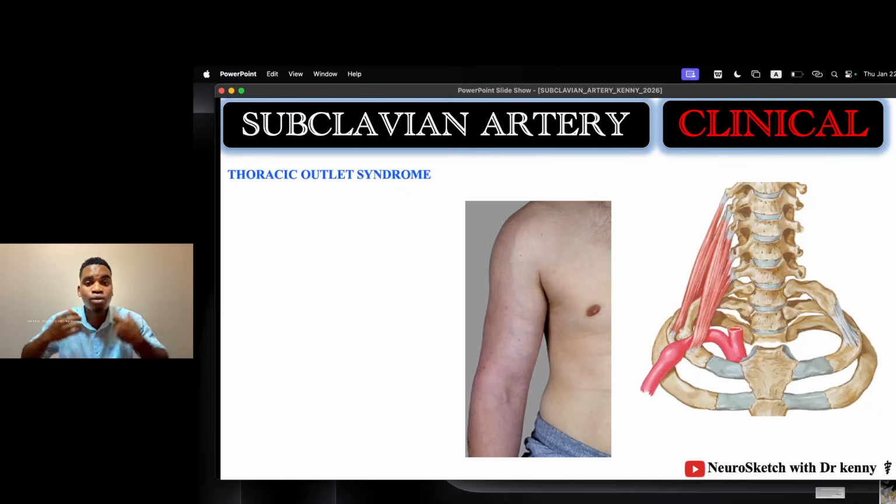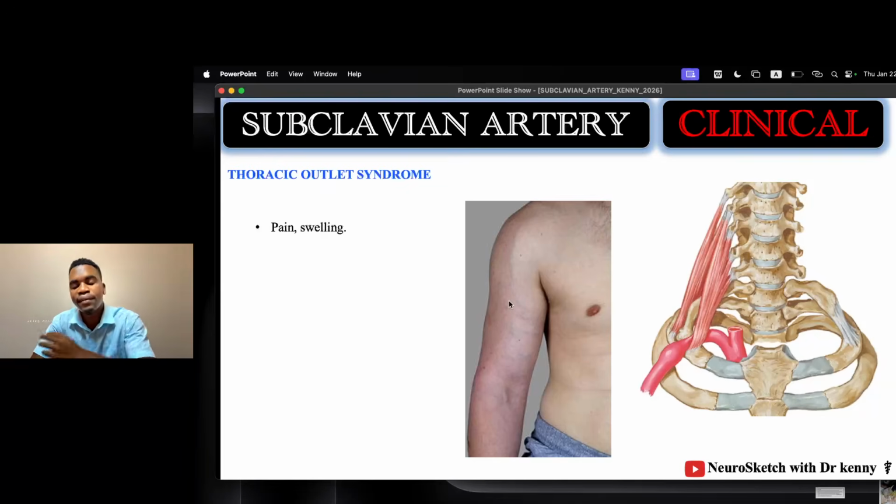gives rise to the arterial type of thoracic outlet syndrome. Why? Because the subclavian artery is compressed, and it passes between the anterior scalenus and the medial scalenus. A spasm of the scalenus muscle can result in compression of the subclavian artery, resulting in thoracic outlet syndrome.